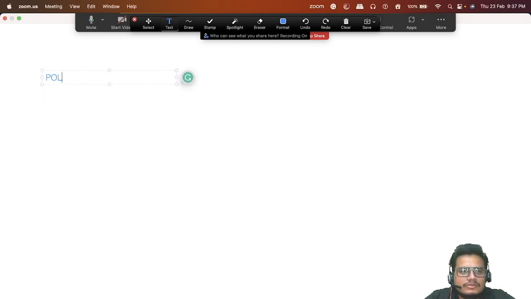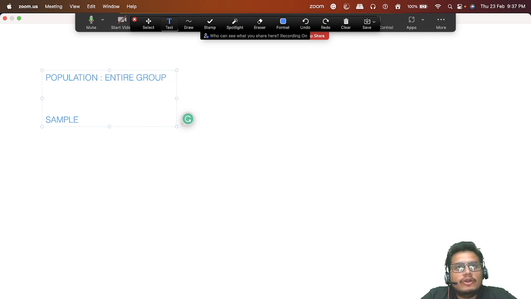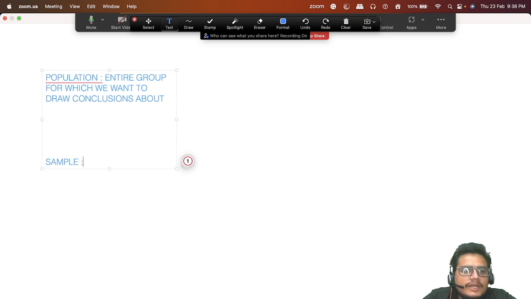Now let's do a difference between a population and sample. So what is a population? You can consider it as the entire group for which you want to draw conclusions about. तो आपका sample क्या होगा? उसी population में से a specific group from that population.